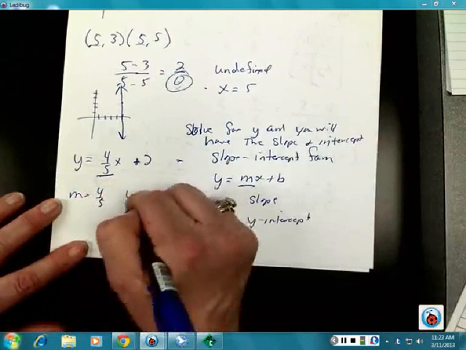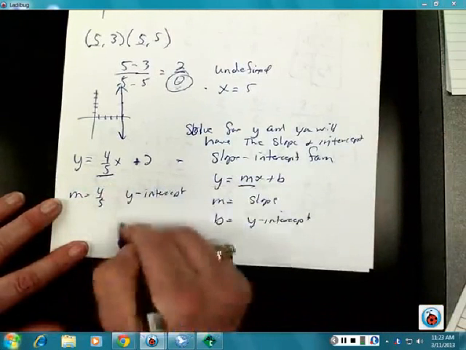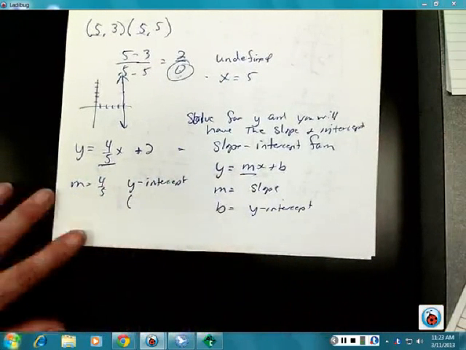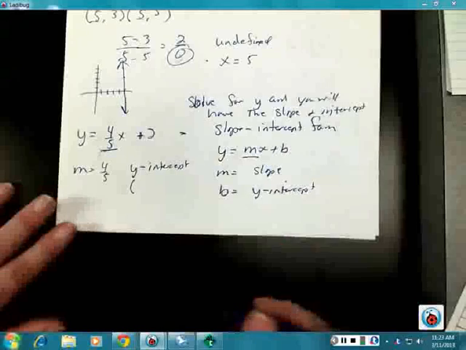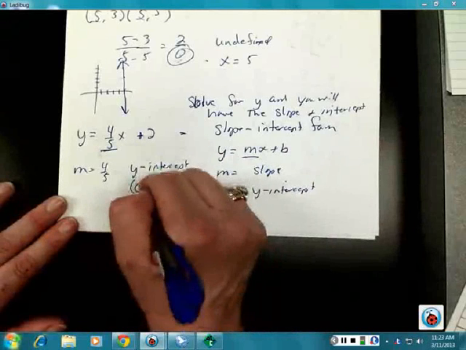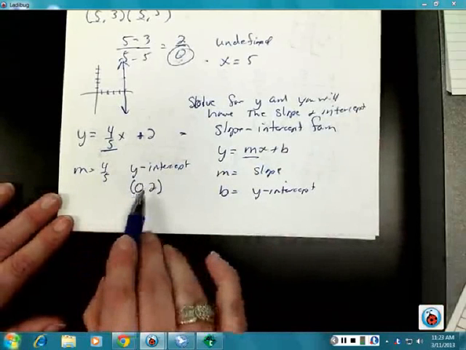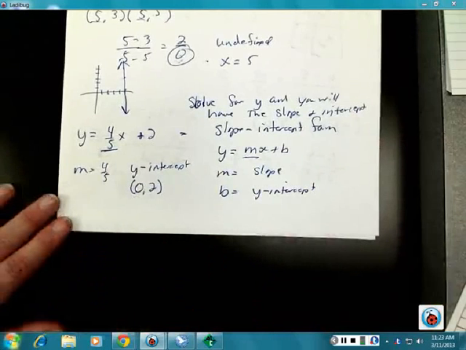The intercept, or the y-intercept, and be careful in Hawks, because if you enter an intercept and you just put 2, it's going to tell you it's wrong. You need to put 0, 2, because the 0, remember, is your x, and the 2 is your y in there, and so therefore I've got my 2 pieces that I need.